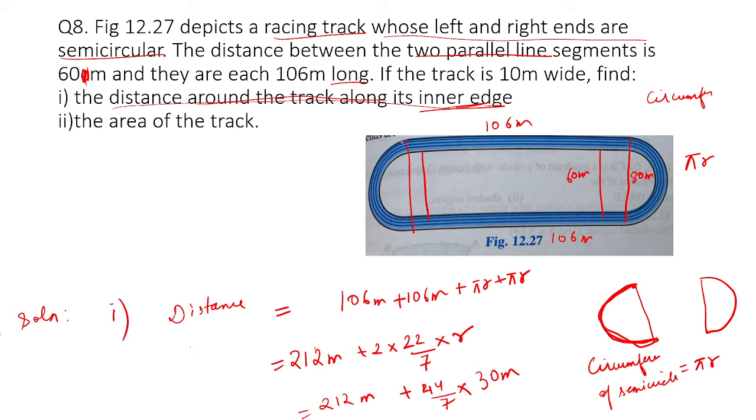And I take the area of the bigger semicircle and subtract the area of the smaller semicircle. Then I'll be able to get the area of the track.